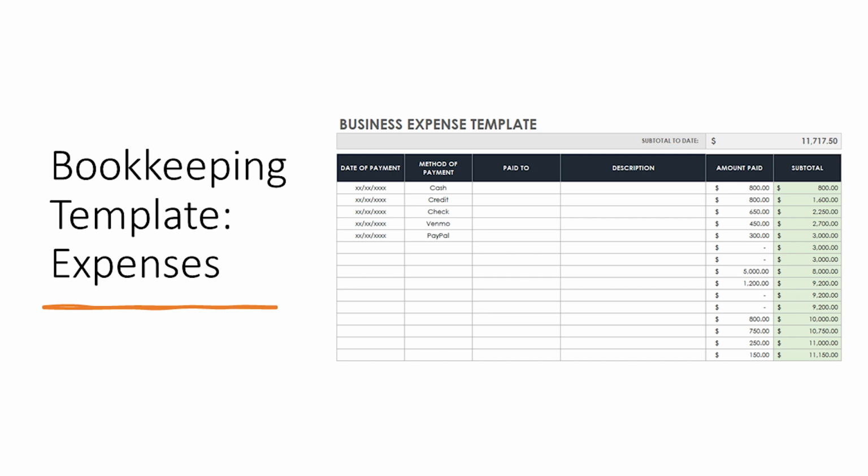We probably also have another column in here, again, assigning that chart of account number so we know how to classify this expense. So at the end of the year, we know how much money we spent in each category. We also keep track of a running total of what we paid and also a running total of the total amount that we paid to that specific account, okay? So this is an expense template.